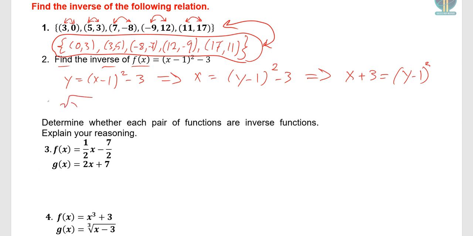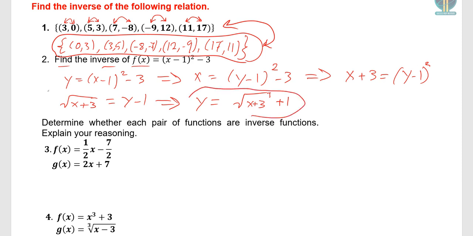So the square root of x plus 3 equals y minus 1. So y equals the square root of x plus 3, plus 1. Okay, the 1 is outside the square root. And this is the inverse of f of x. Okay?